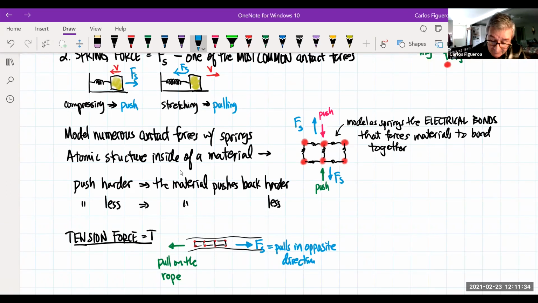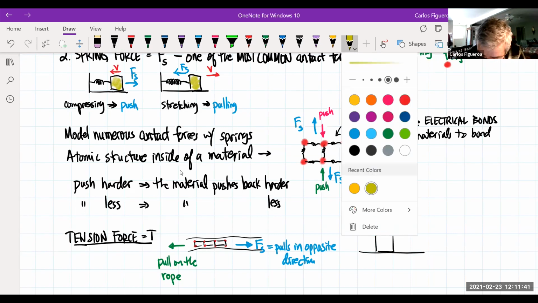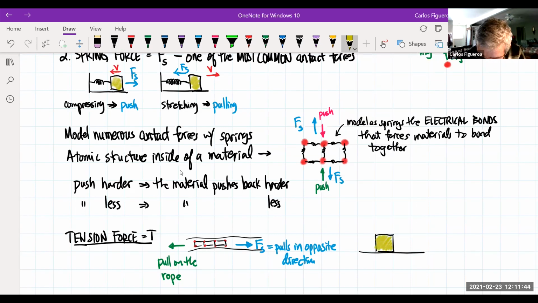Look what happens here. Now I have a box, here's my handy little box, and now I'm going to put a rope on here. So my rope is this guy right here. As I look at this rope, there's going to be a pull here. You could imagine that I have my person, and this person is pushing or pulling on this rope.